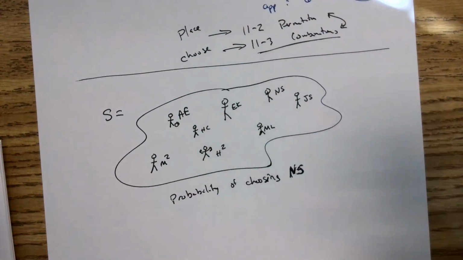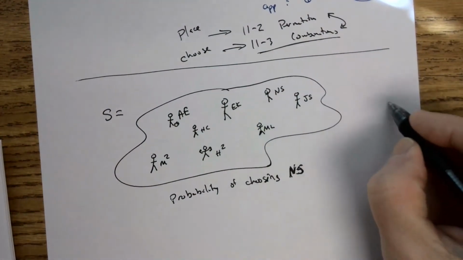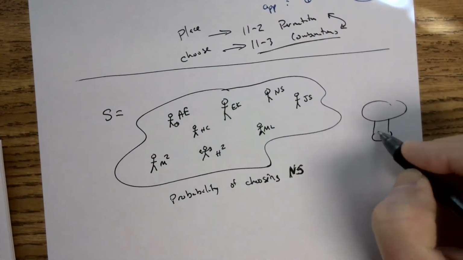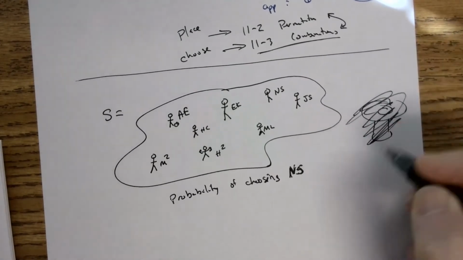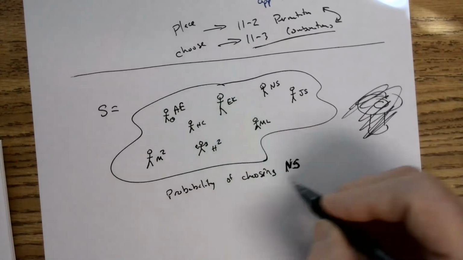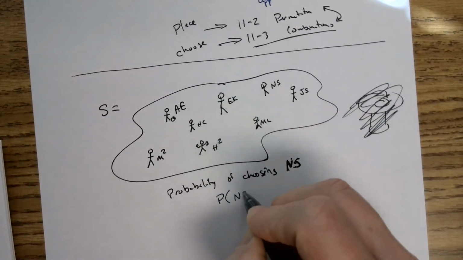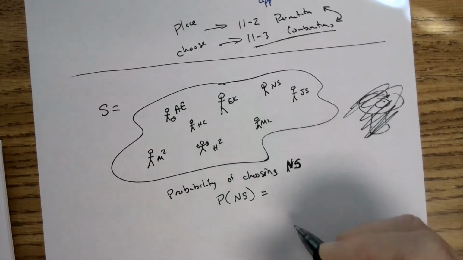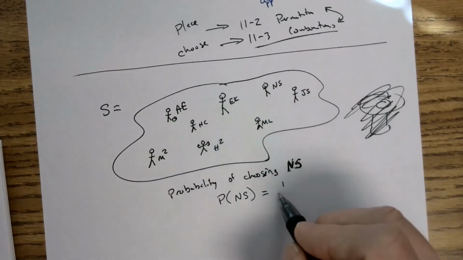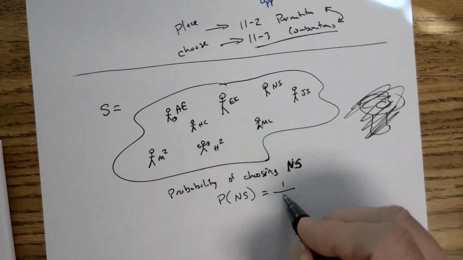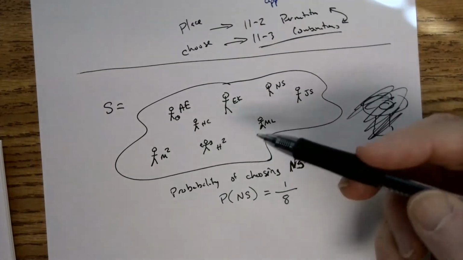You can think of all these people in a giant hat. So the probability of drawing NS, well, how many times does NS appear in here? 1 time. Out of how many people are in here? 8.